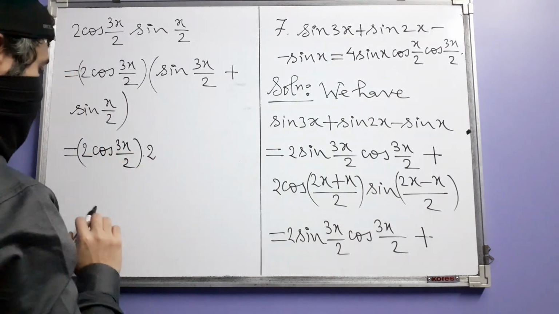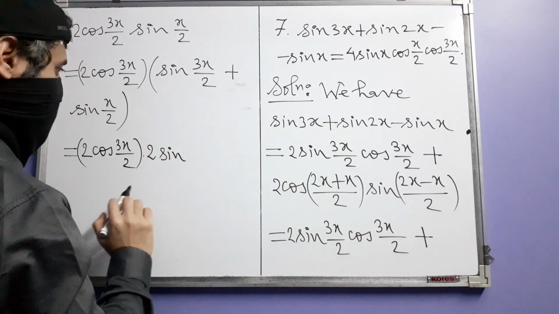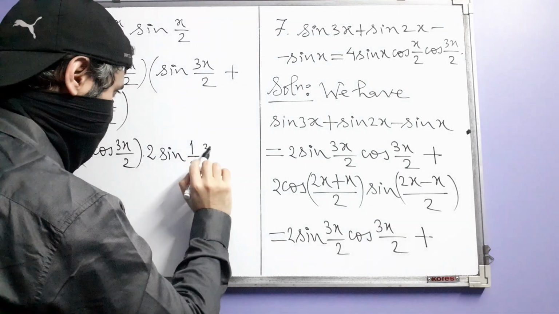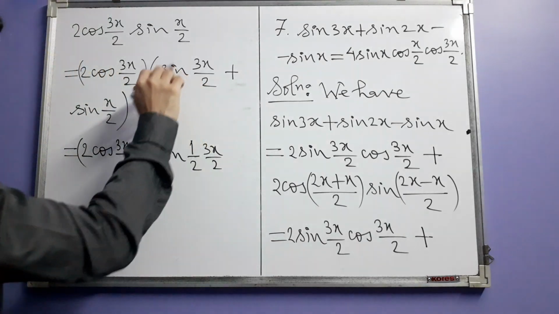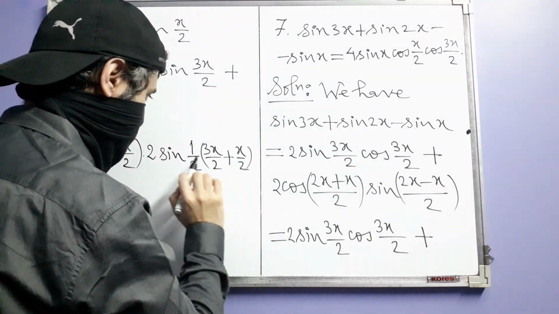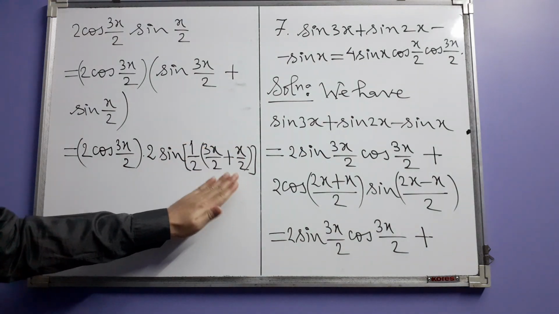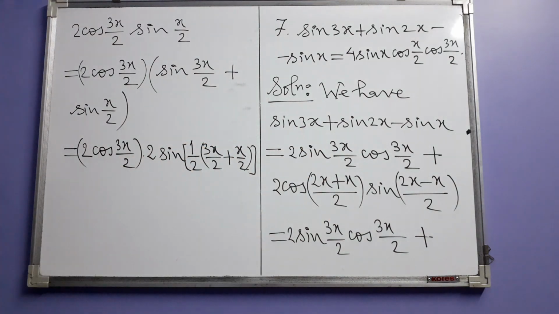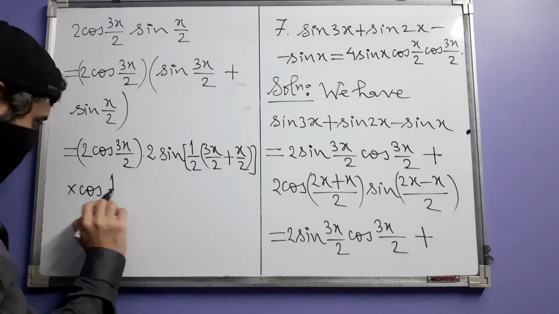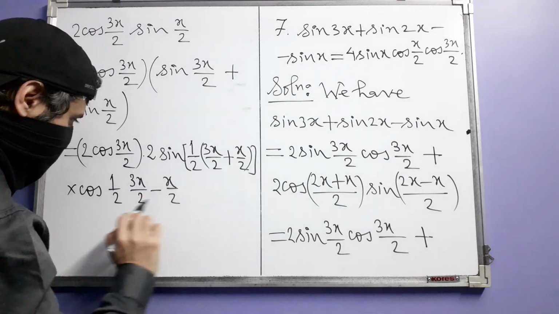Okay, so this will be 2 sin, let me write like this, because the angles themselves are in ratio form. In other words, we have 3x over 2 plus x over 2 divided by 2 times this.